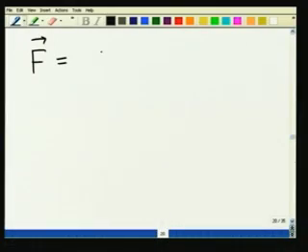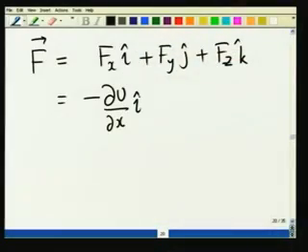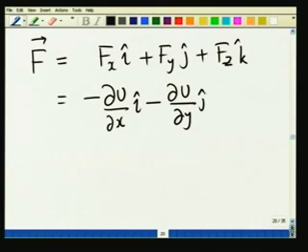So, I write the net force, which is equal to F x i plus F y j plus F z k, and this comes out to be minus partial derivative of u with respect to x, i, minus partial derivative of u with respect to y, j, minus partial derivative of u with respect to z, k.